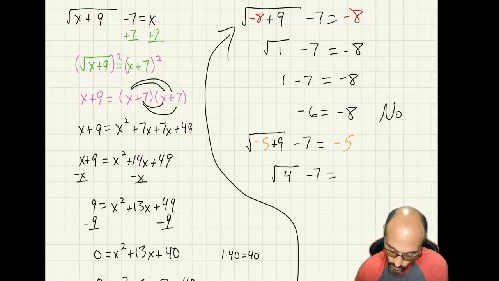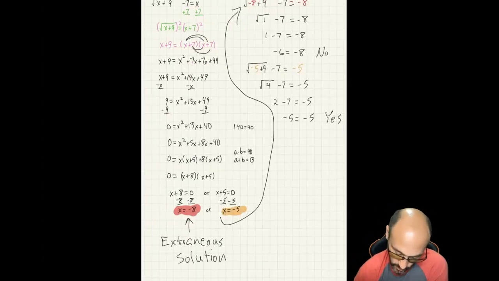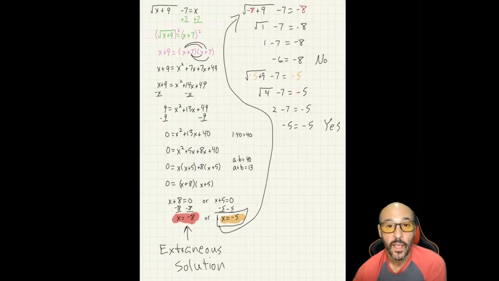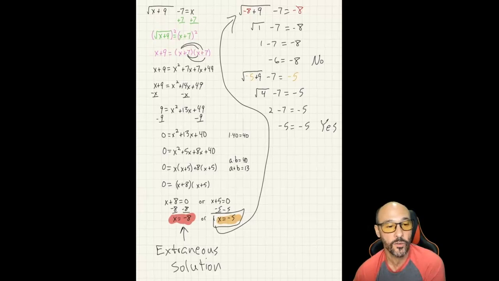The square root of 4 is 2. 2 minus 7 is negative 5, equals negative 5. And that is a solution. So this is our only valid solution. And that is how you can solve a radical equation where factoring is required and it has an extraneous solution.